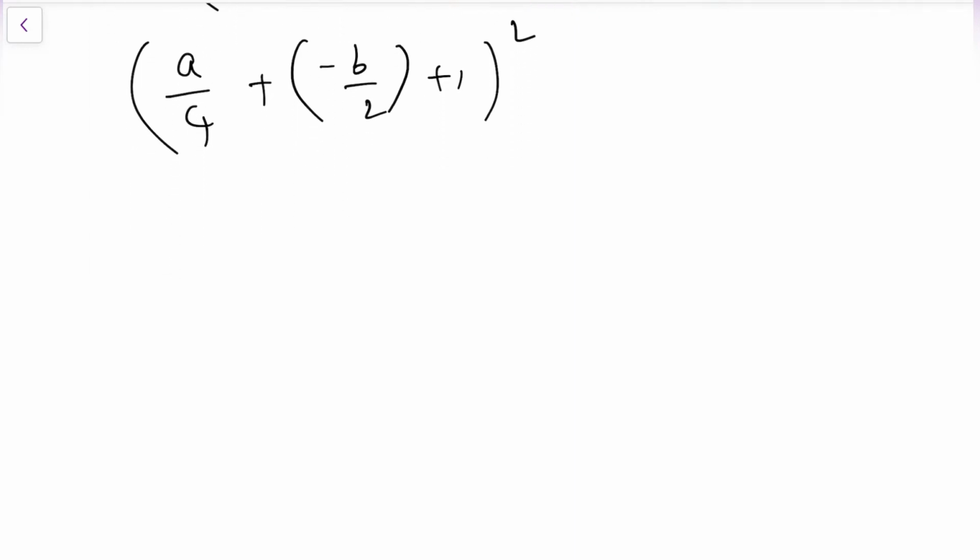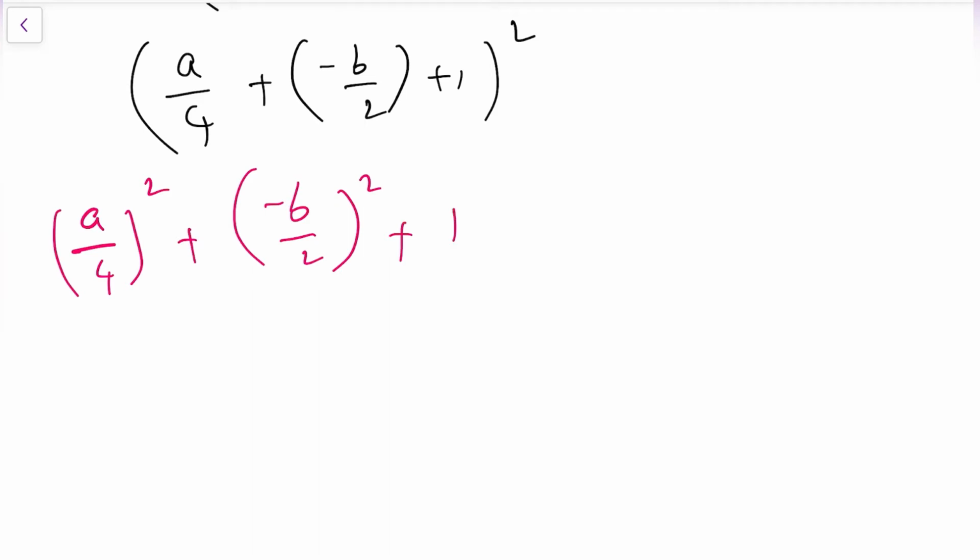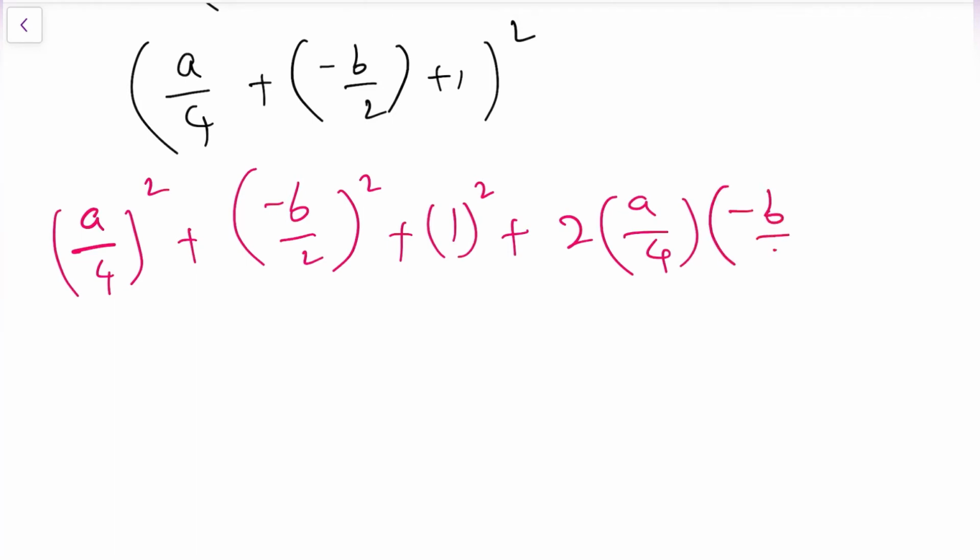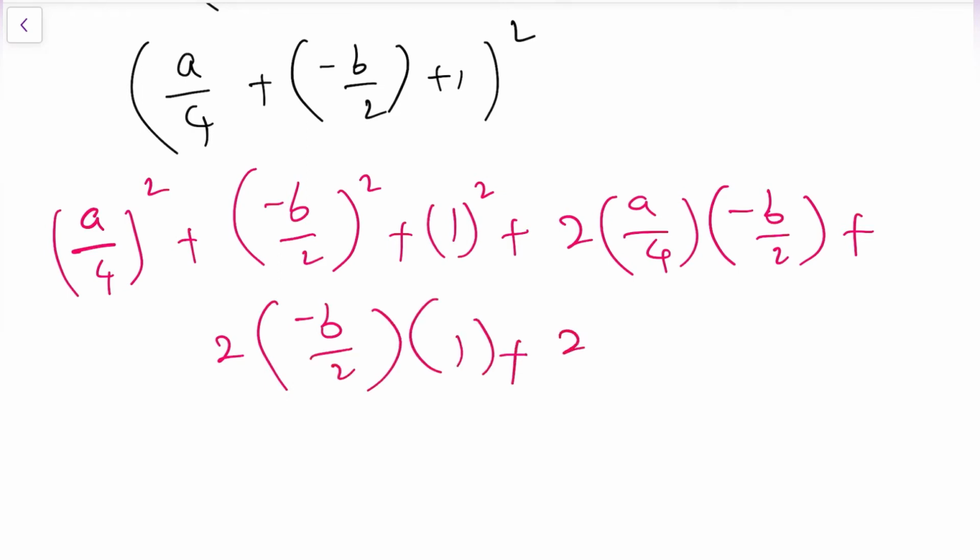So if we expand it, a square, that is nothing but a by 4 whole square, plus b square, minus b by 2 whole square, plus c square, that is 1 square, plus 2 into a into b, plus 2 into b into c, plus 2 into c into a.